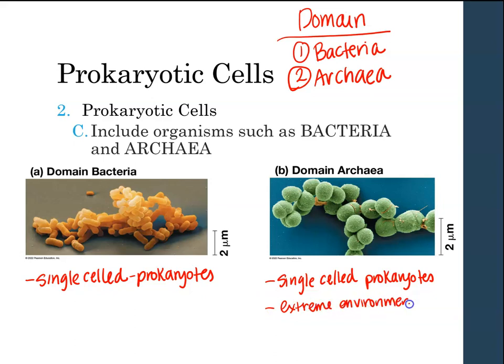And you have maybe not ever heard of Archaea before today. They're found in places like deep sea sulfur vents. Super, super salty lakes. They are really great at adapting to extreme conditions.